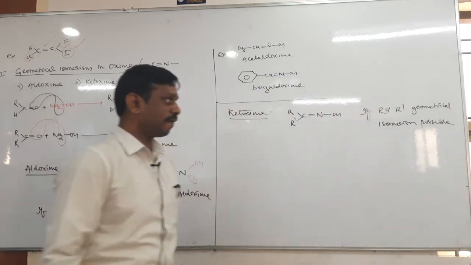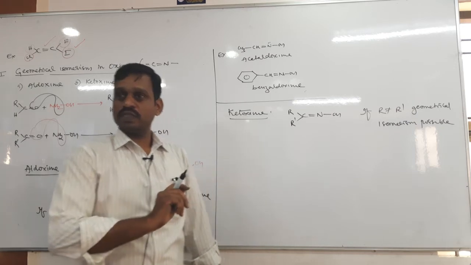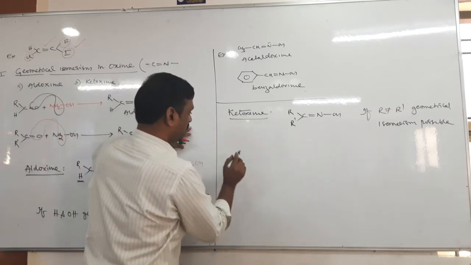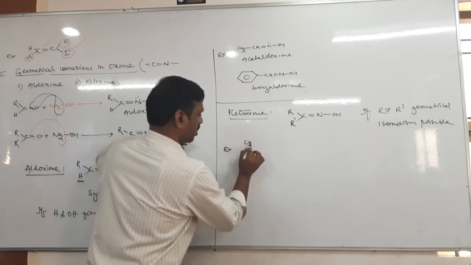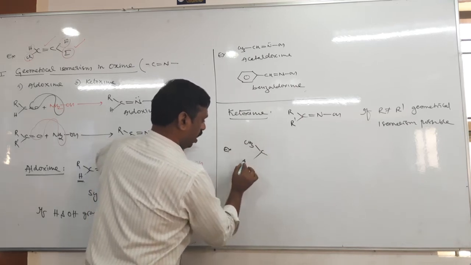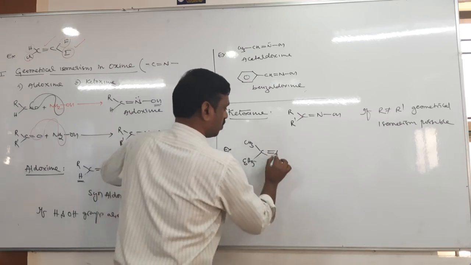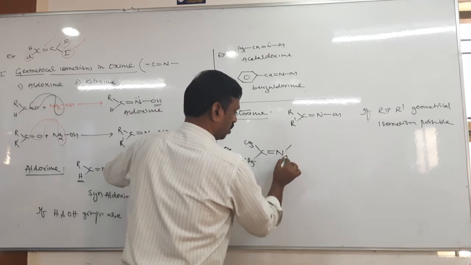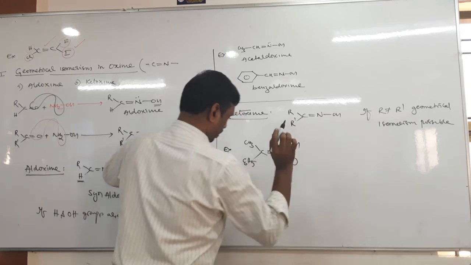If R equals R dash, geometrical isomerism is not possible. So now let us see an example here. Let me take CH3 and C6H5, C double bond N, there is an OH and one side is a lone pair.